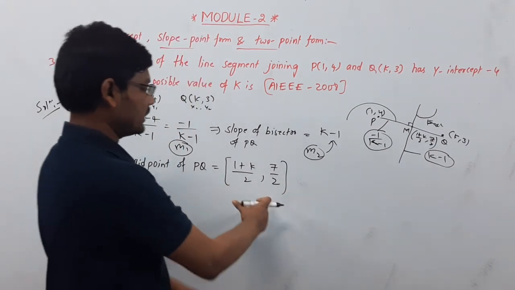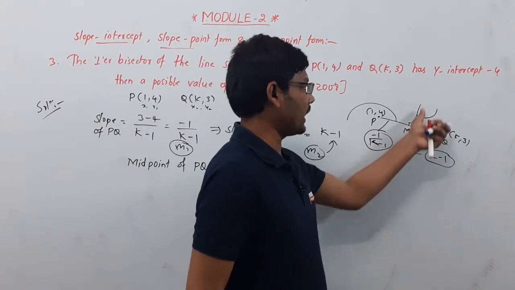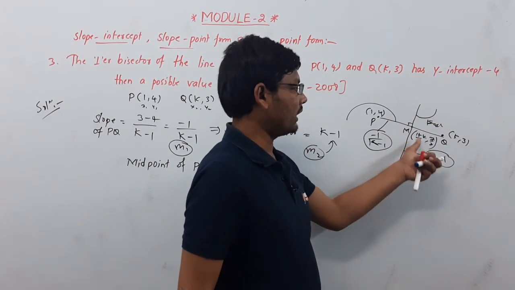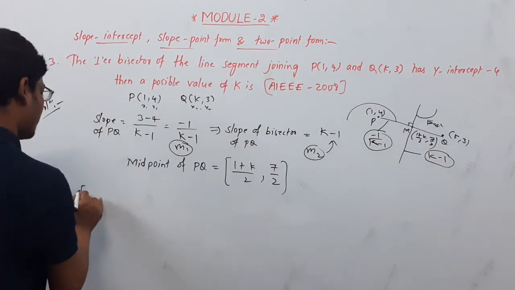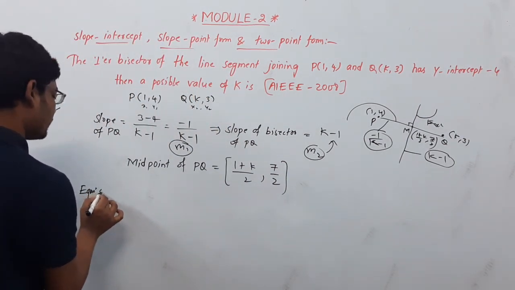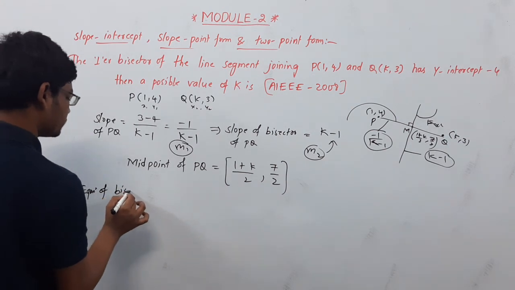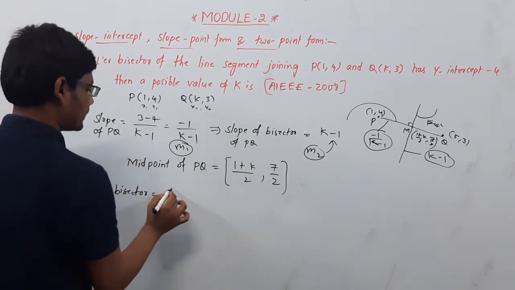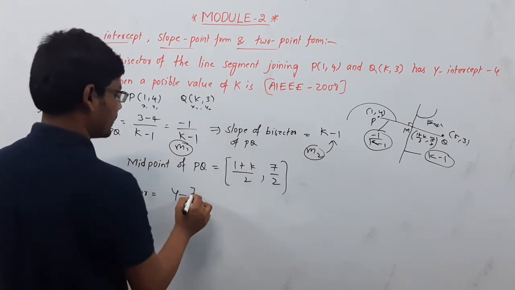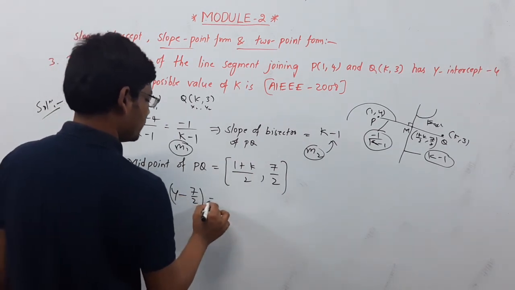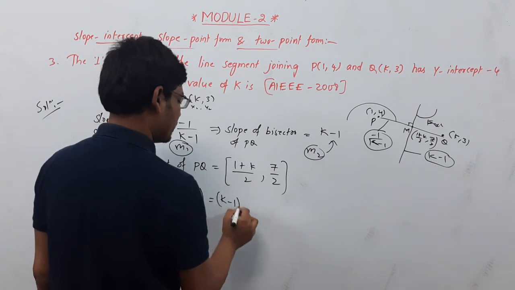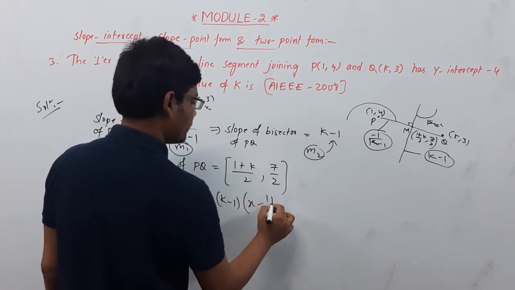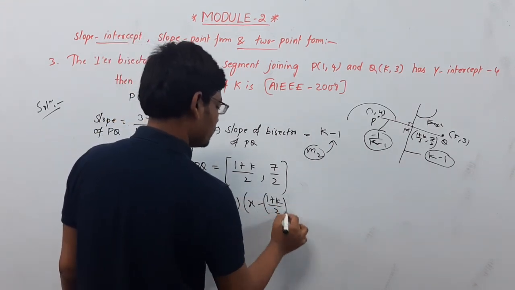We have a point and the slope of this line. With point and slope we can find the equation of the bisector. The equation of the bisector is y minus y1, that is 7 by 2, equal to m, which we got as k minus 1, into x minus x1, that is (1 plus k) by 2.